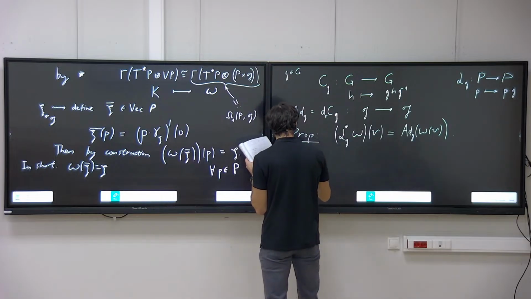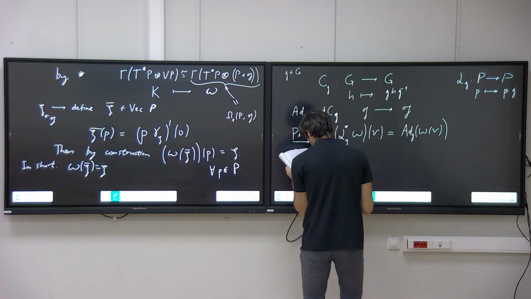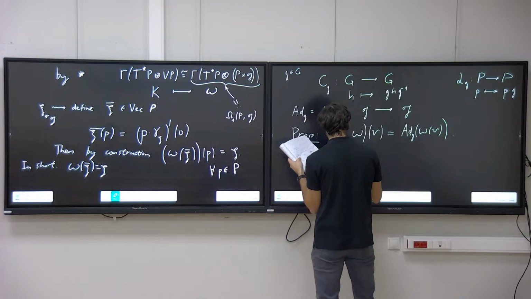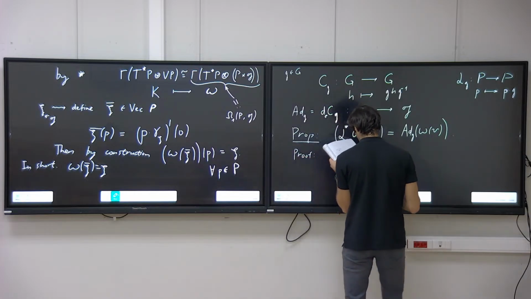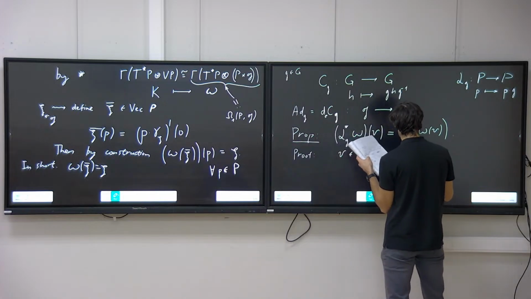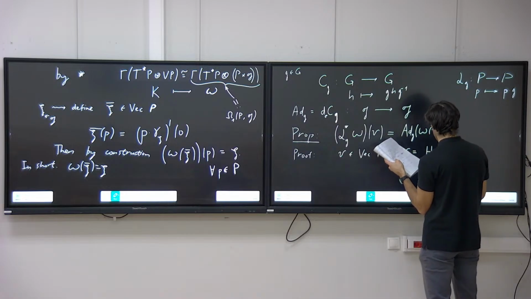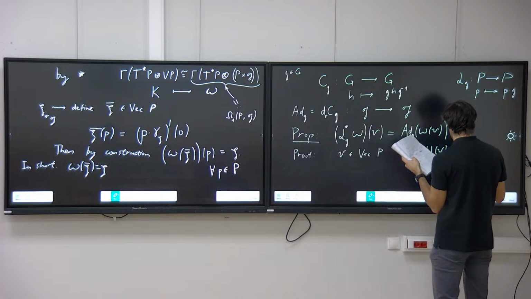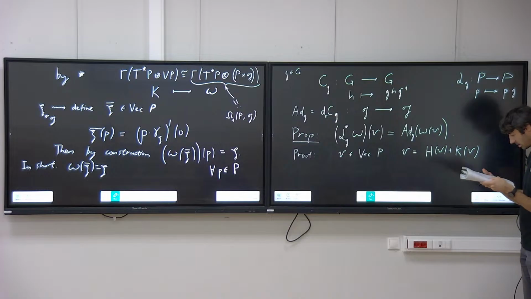The proof looks like this. Let me take V, any vector field on P. V can be decomposed into a horizontal component and a vertical component.